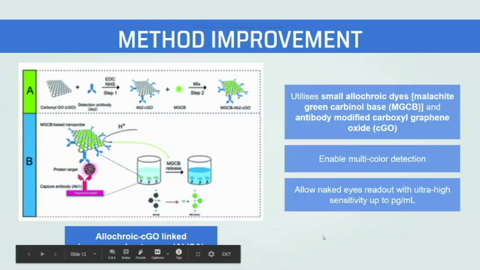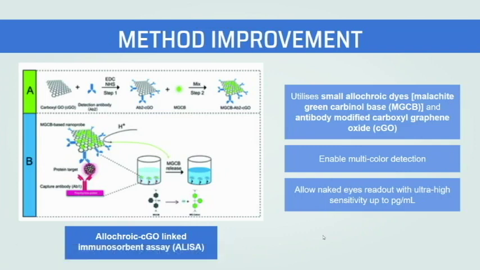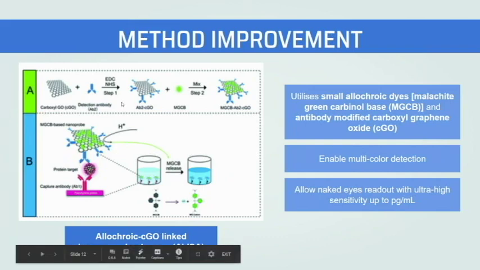There are several existing methods that can improve the performance of ELISA, and one of them is allochrome CGO-linked immunosorbent assay, or CLISA. So instead of utilizing the enzymatic reaction, it utilizes small allochrome dyes such as malachite green carbinol base and antibody-modified carboxyl graphene oxide, CGO. As you can see, the structure here is more or less the same as sandwich ELISA.